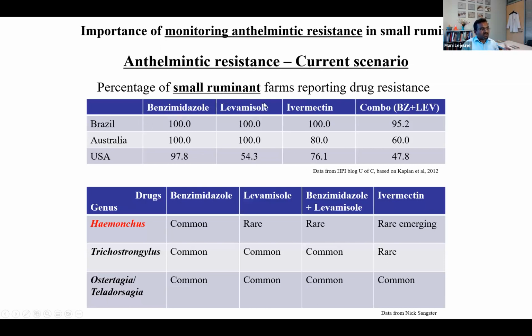For many of the drug classes, many small ruminant farms here in North America are experiencing 100% resistance to many of these drug classes. And for different parasites in sheep and goats, they also show resistance to many of the common drugs that we use.